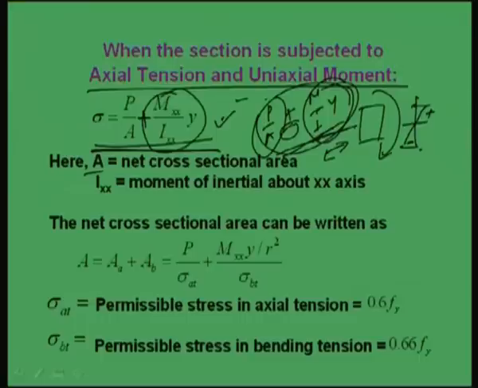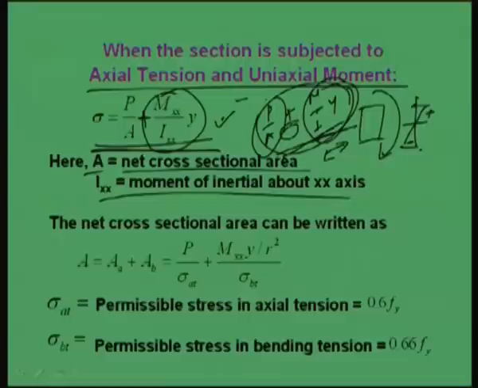A is the net cross sectional area. Remember, it is the net cross sectional area, not the gross cross sectional area. Ixx is the moment of inertia about the x axis, Mxx is the moment about the x axis, and y is the outermost distance, in fact the extreme distance.